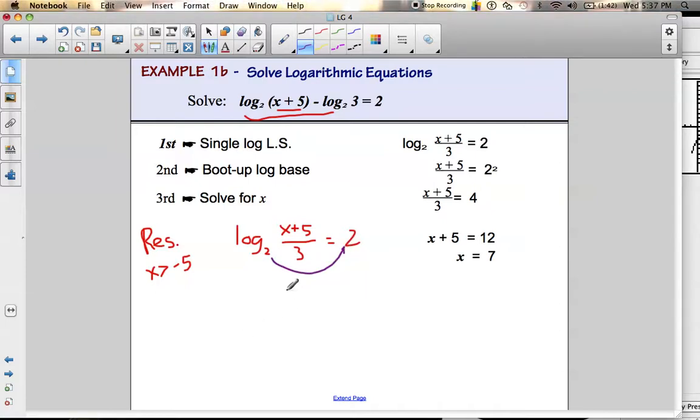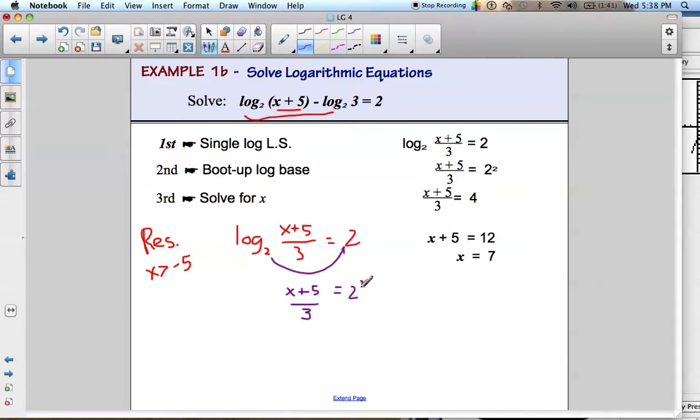So that becomes 2 to the power of 2, and we still have (x + 5) over 3 on this side. Now when we booted up that base 2, the log disappears. And that's what we want.